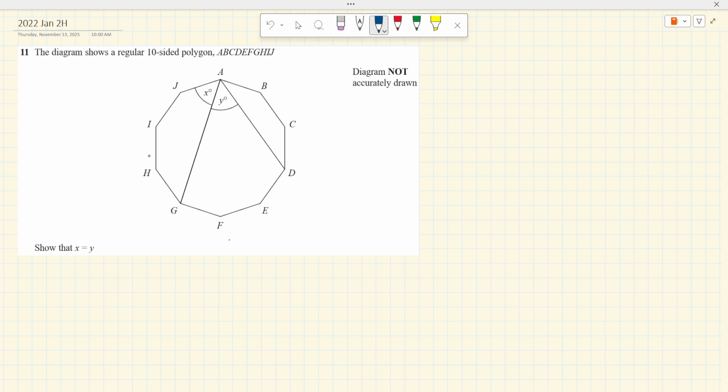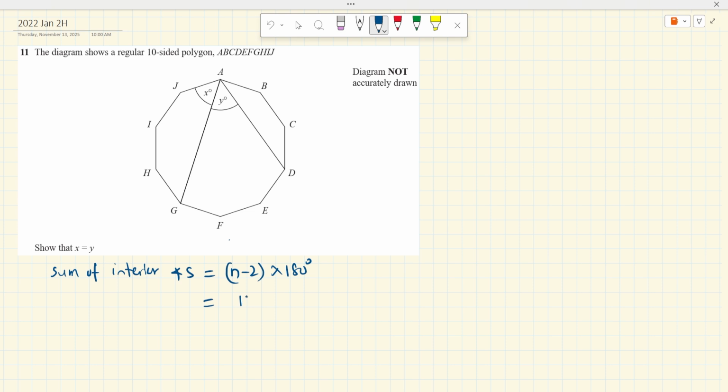Show that x equals y. 10-sided polygon. So it is regular. So we need to find the interior angle. Sum of interior angles equals n minus 2 times 180.